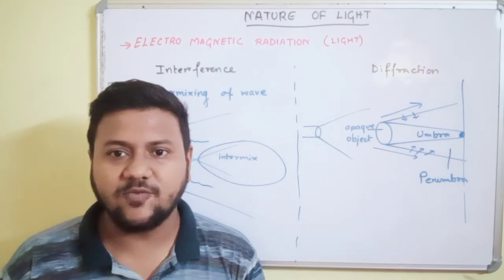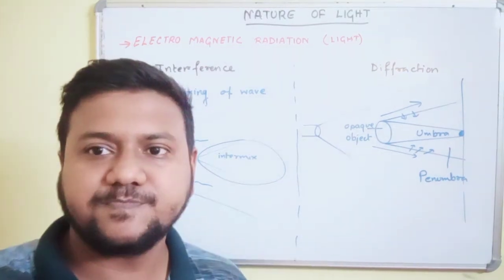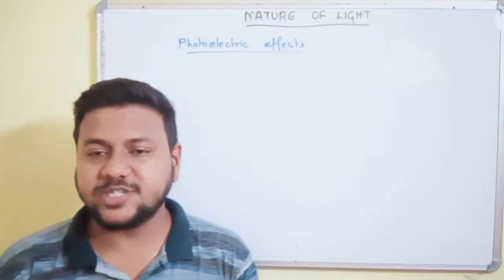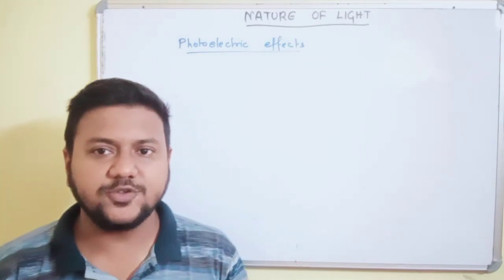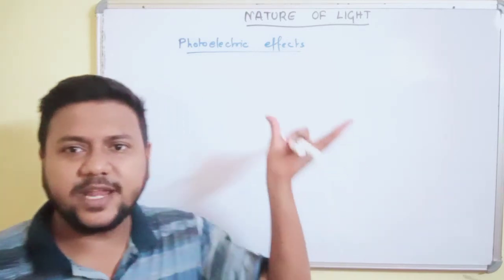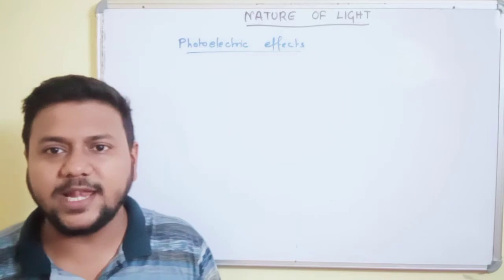We are going to discuss the photoelectric effect. When we discuss light as a particle, it was Einstein who clarified our confusion about the particle nature of light. He discussed a particular experiment called the photoelectric effect.